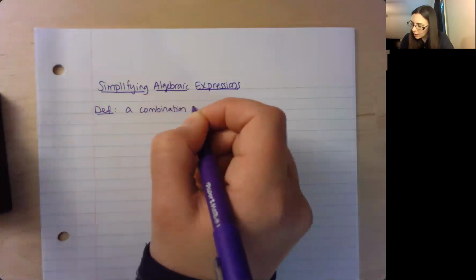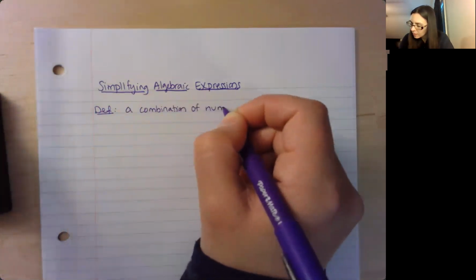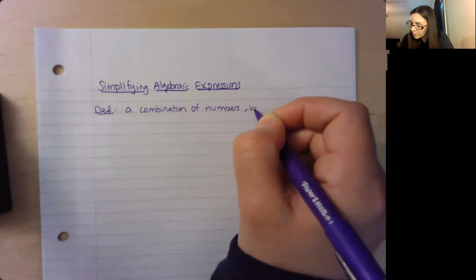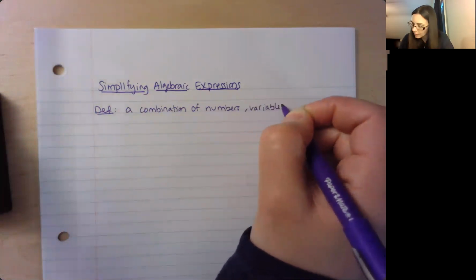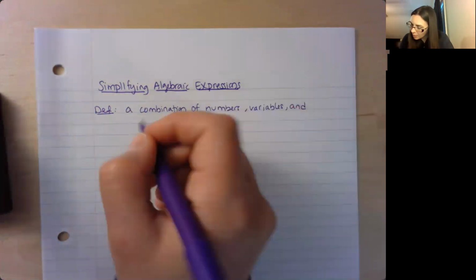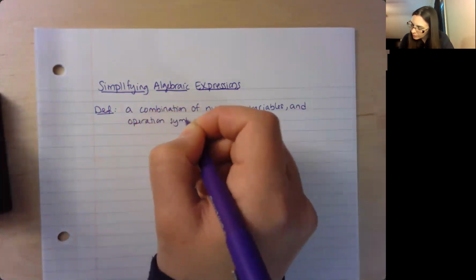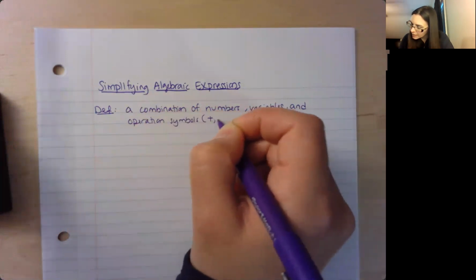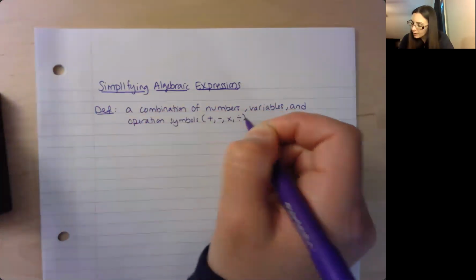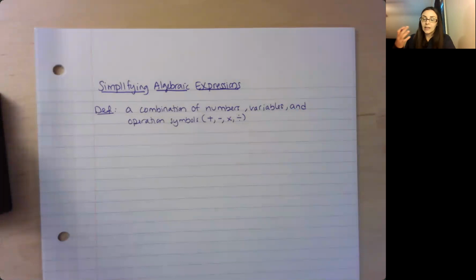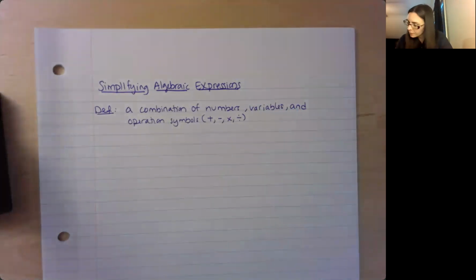a combination of numbers, variables or letters, and operation symbols, right? So things like adding, subtracting, multiplying, or dividing, as well as even grouping symbols and things like that. Parentheses, fraction bars, those are all fine too.